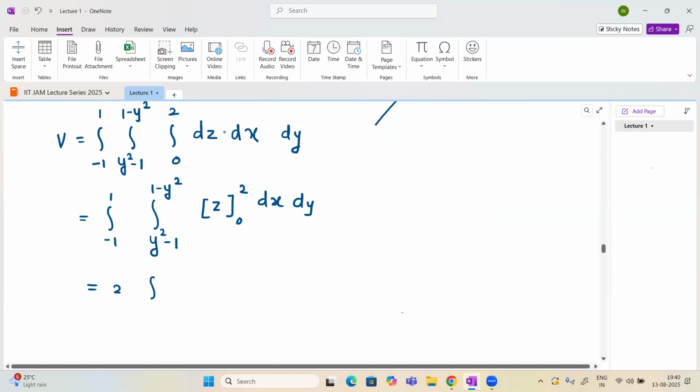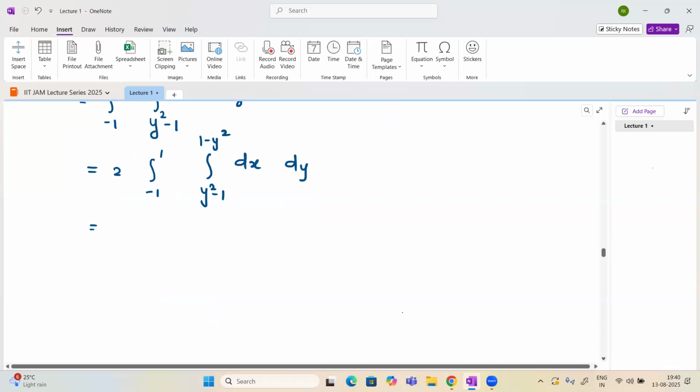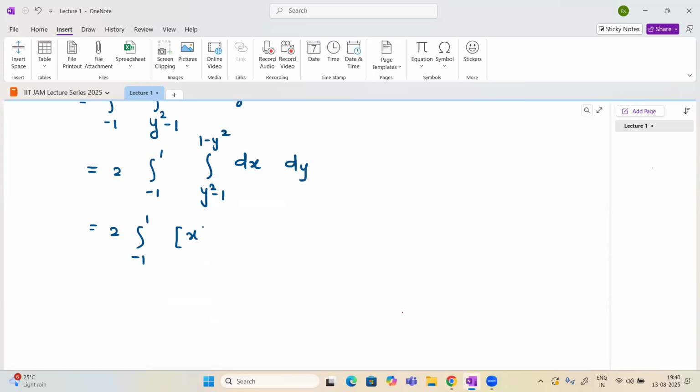I always take the constant outside the integration, -1 to 1. The middle integration is with respect to x. What is the integration of dx? x. Limits y square minus 1 to 1 minus y square, dy. Put the upper limit and lower limit.